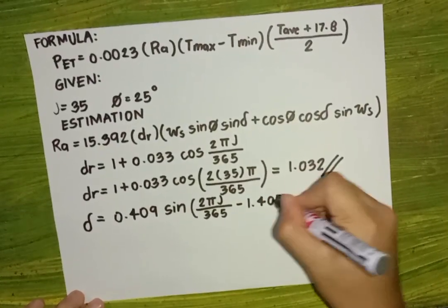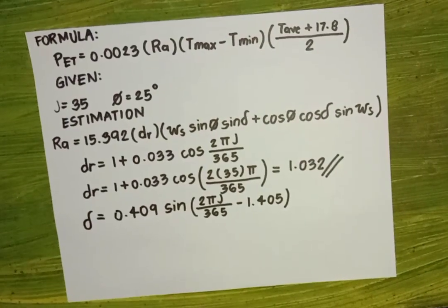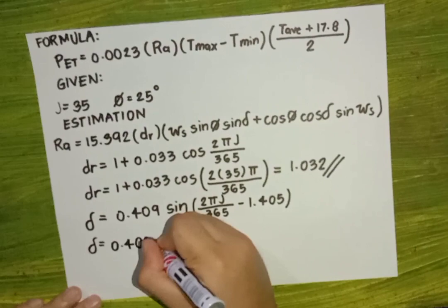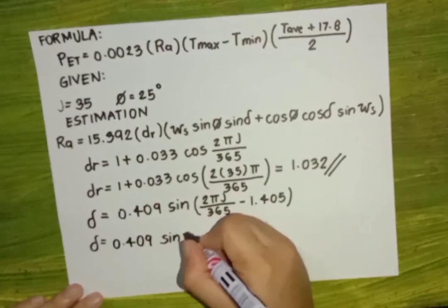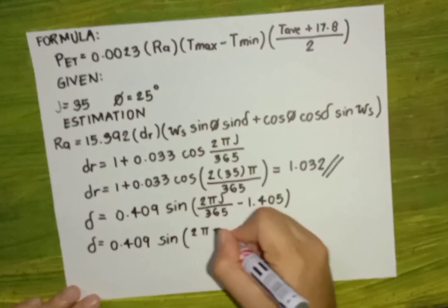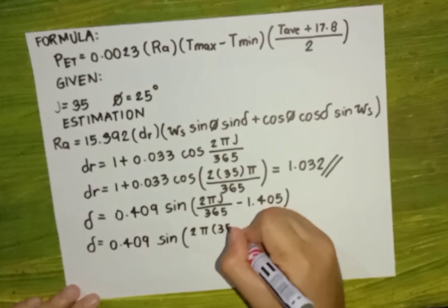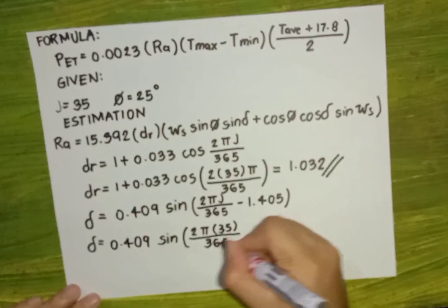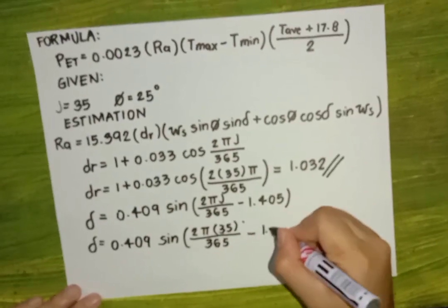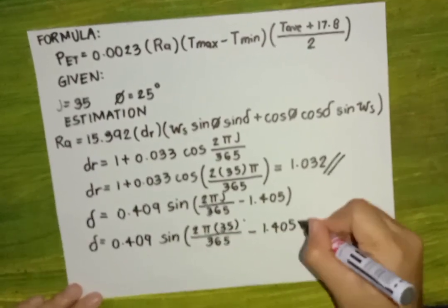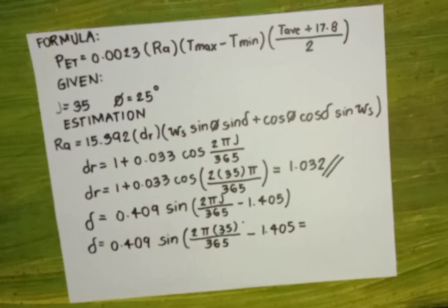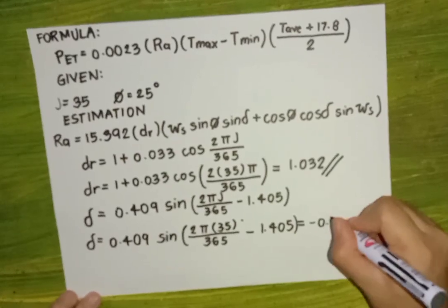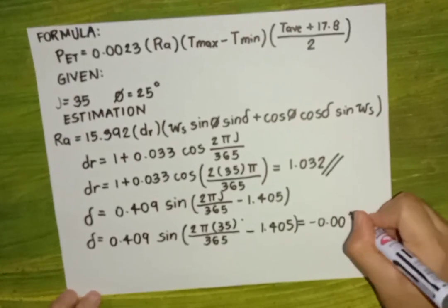By substituting the value of J, our delta is equal to 0.409 sine 2 pi times 35 over 365 minus 1.405. Equals negative 0.005.